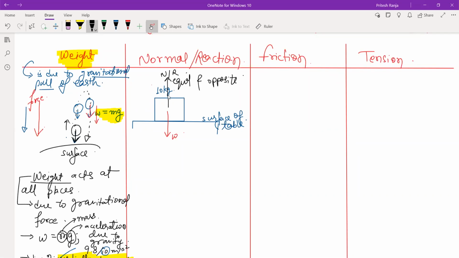So numerically this normal or reaction force would be equal to the weight. And what is the direction of this reaction force? Perpendicular to surface and away from the surface. This is the surface, it is acting perpendicular and away from the surface, or you can say opposite to the weight.